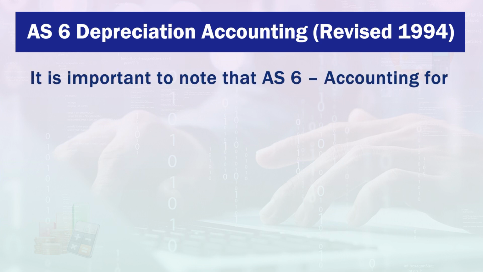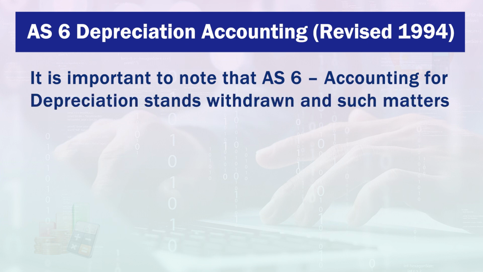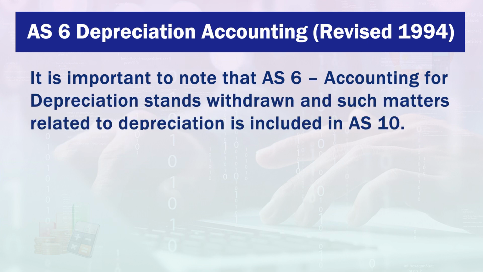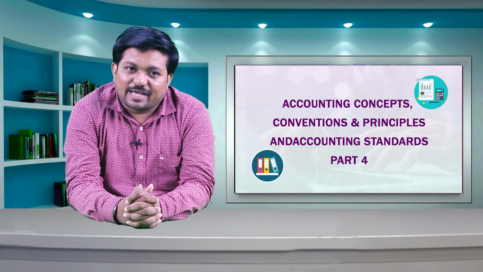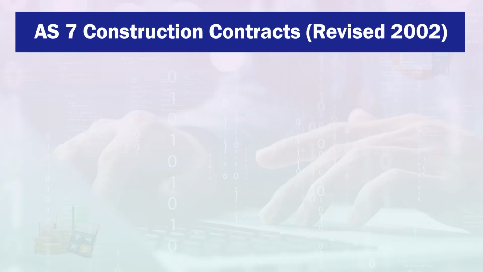It is important to note that AS6 accounting for depreciation stands withdrawn and such matters related to depreciation are included in AS10. Next accounting standard is for construction contracts, AS7, construction contracts, which was revised in 2002.